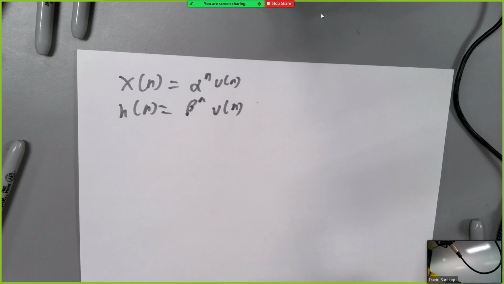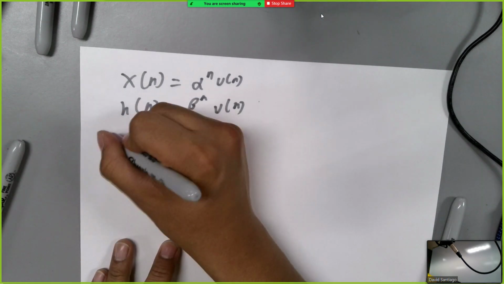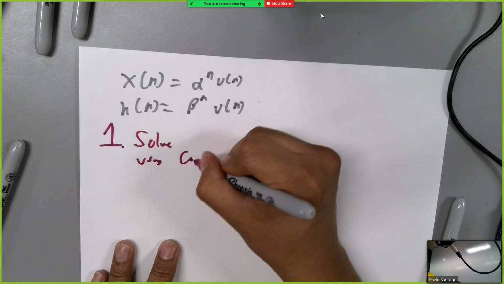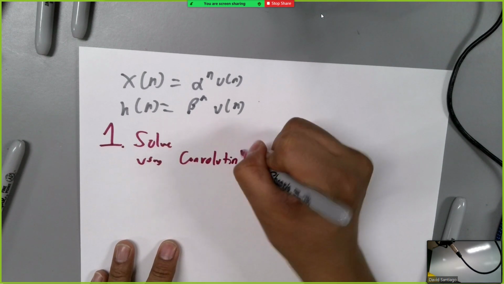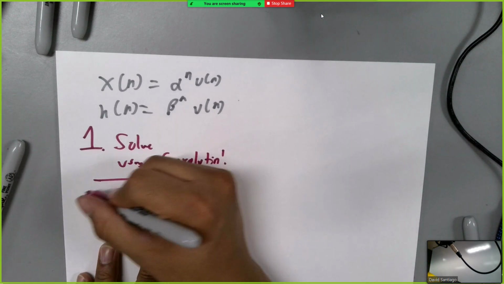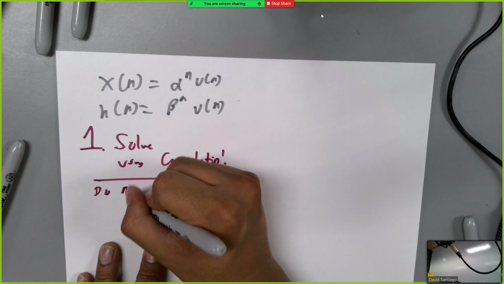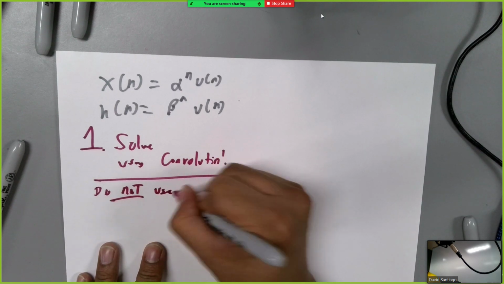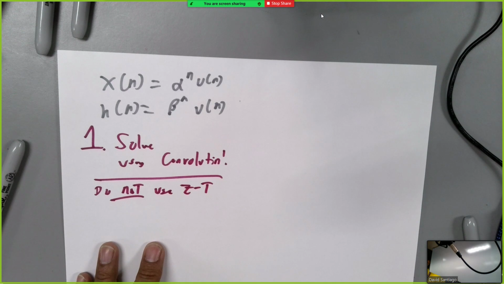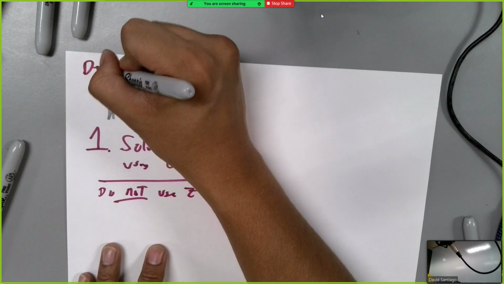And he says, problem 1, solve using convolution. Okay, easy, right? And he's going to say, do not use ZT. All right? Simple? Or ST, right? It's digital.